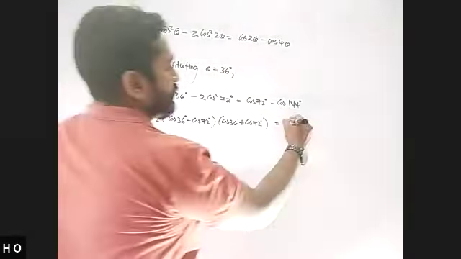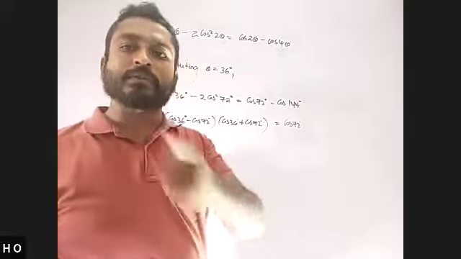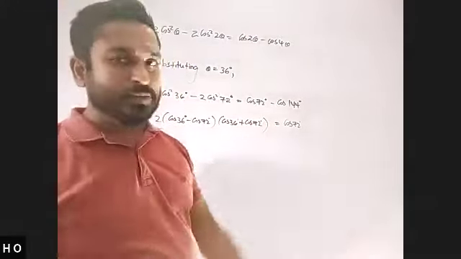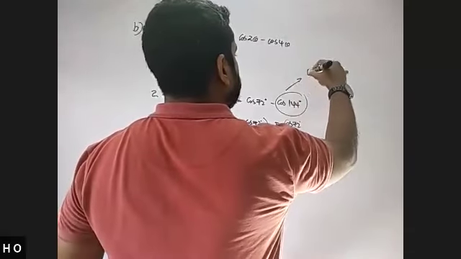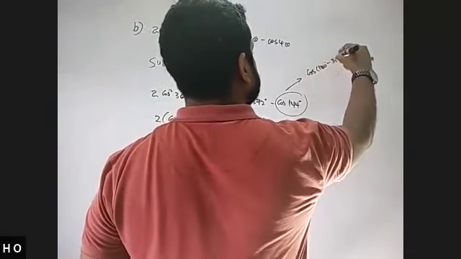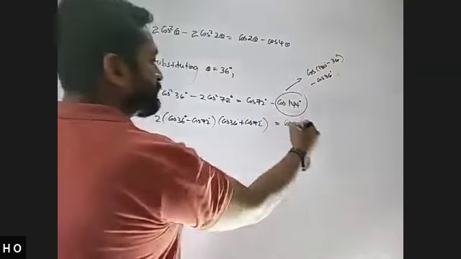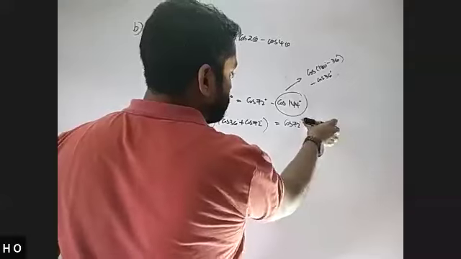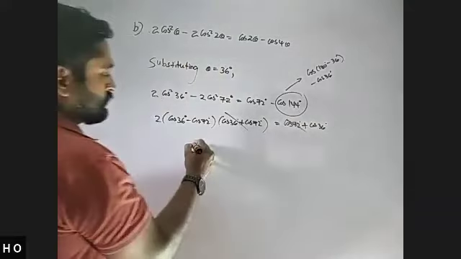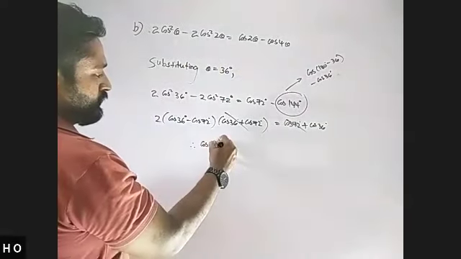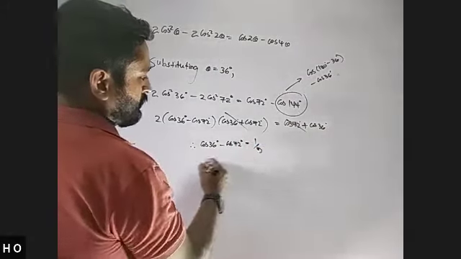How to be smart? Cos 72, right away change cos 144 without going to the CD formula. Even when you go for CD, you will have the answer, but this is easier. What about cos 144? It is cos of 180 minus 36, which is minus cos 36. Along with this, minus times plus cos 36, so you can cancel out these two. Therefore, you can say cos 36 minus cos 72 equals half.